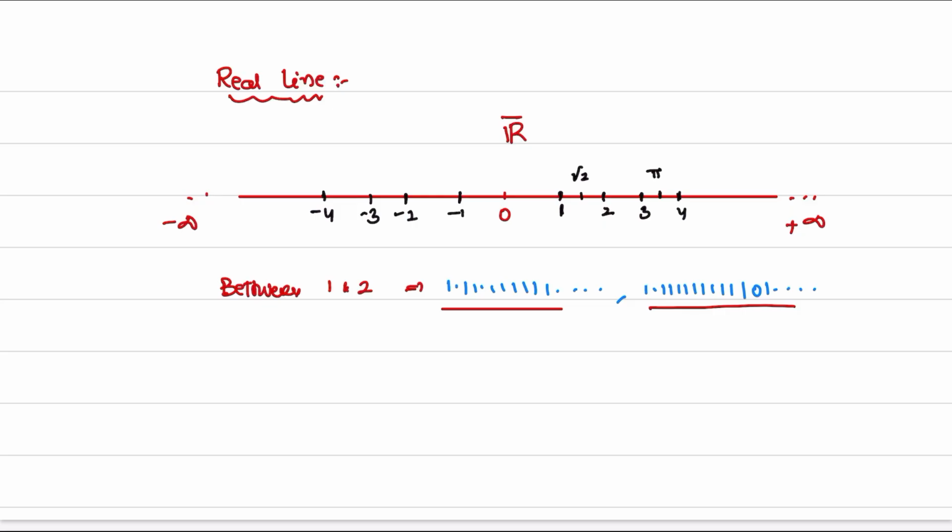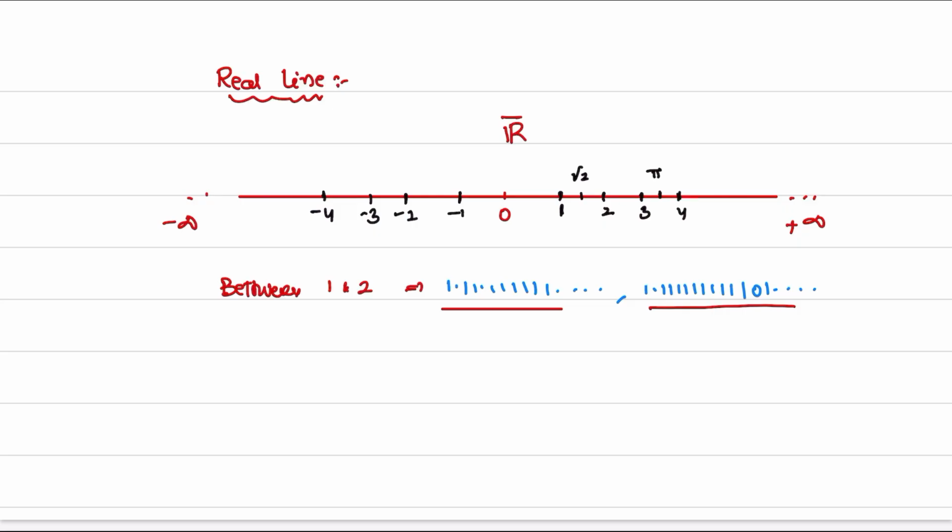And those numbers may not be integers, may not be whole numbers, may not be natural numbers. They can be rational numbers, or they can be irrational numbers. They can be natural numbers, whole numbers, integers. That means a set of natural numbers, a set of whole numbers, a set of integers, a set of rational numbers and a set of irrational numbers form the set of real numbers.